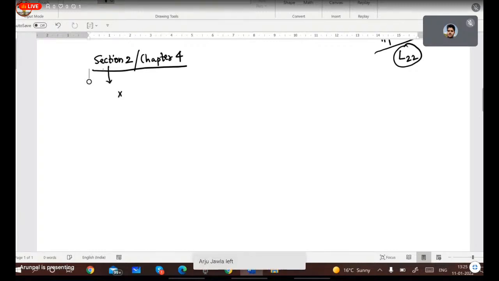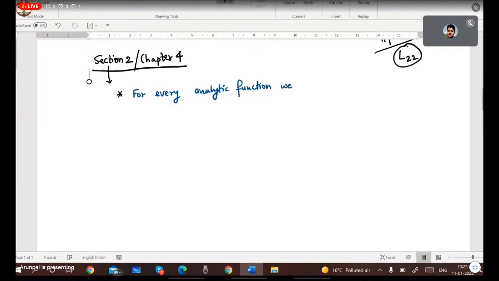Number one, for every analytic function, we can write a power series.